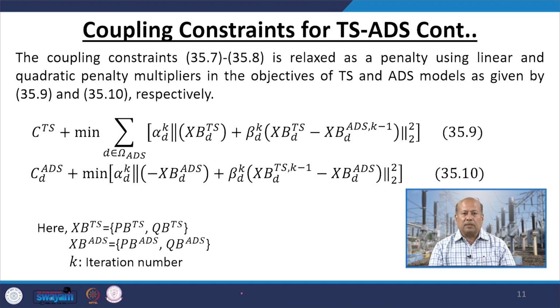Now, the coupling constraints 35.7 and 35.8 are relaxed as a penalty using linear and quadratic penalty multipliers in the objective of the TS and ADS model, given by equations 35.9 and 35.10. So, you have the objective function plus the constraints with a penalty multiplier that we describe in 35.9 and 35.10.